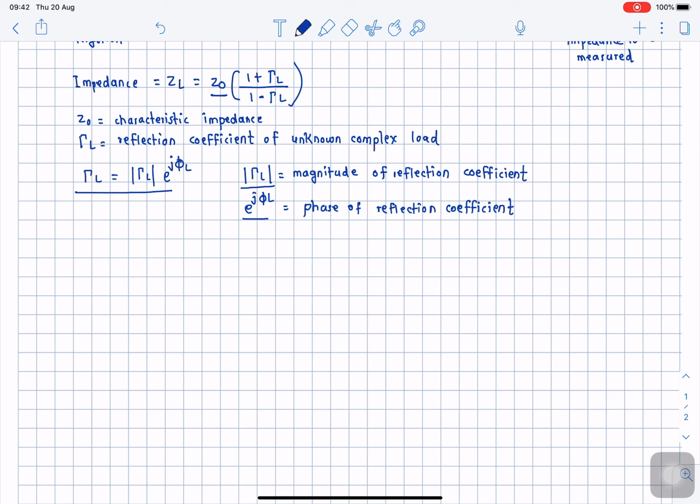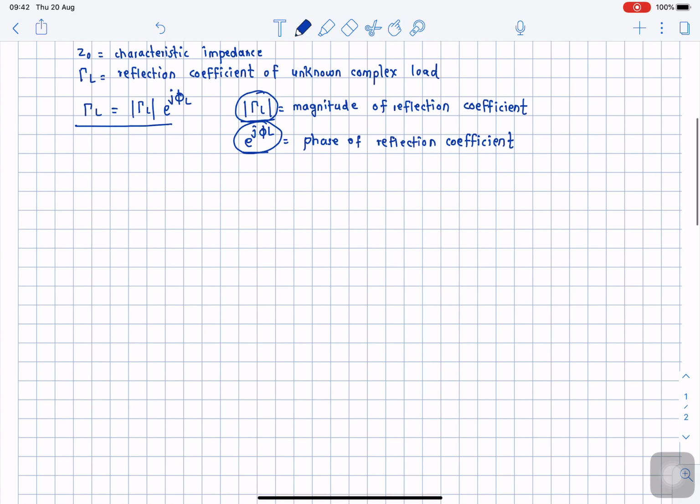Now we have a separate procedure to find the magnitude and the phase. We already know a procedure to measure the standing wave ratio. Once we know the standing wave ratio developed by that unknown impedance, we can find the magnitude of the reflection coefficient. So what is the relationship between the standing wave ratio and the reflection coefficient?